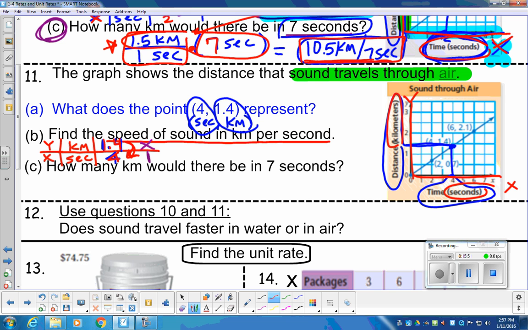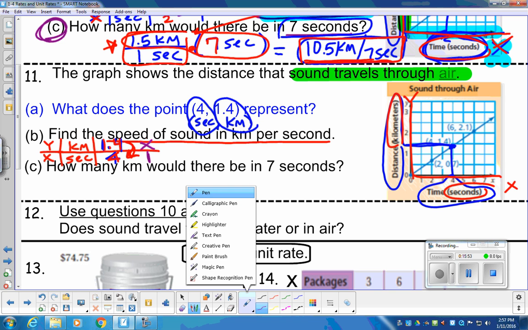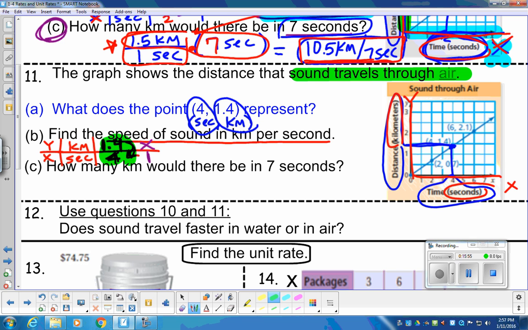Everybody should be typing that in their calculator right now. As you solve 1.4 divided by 4, you should end up with 0.35 kilometers in 1 second. This is the speed at which we're traveling through air.